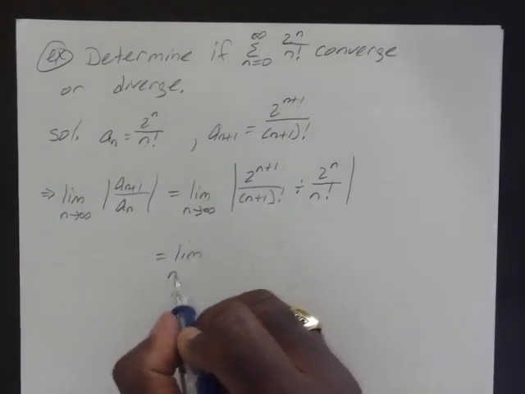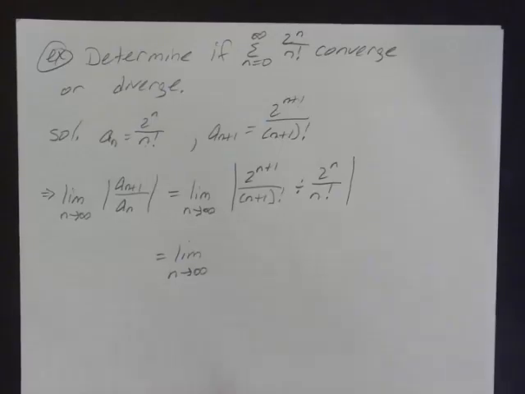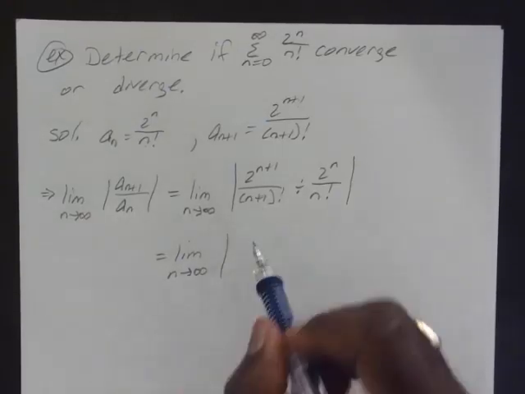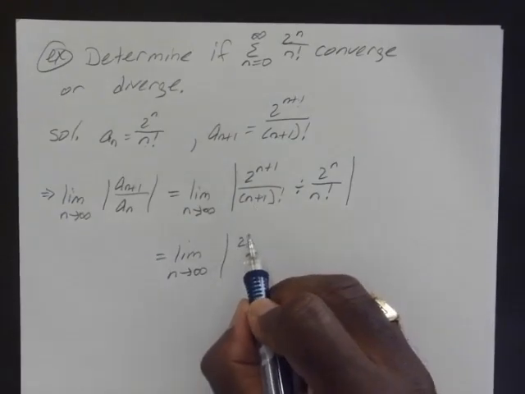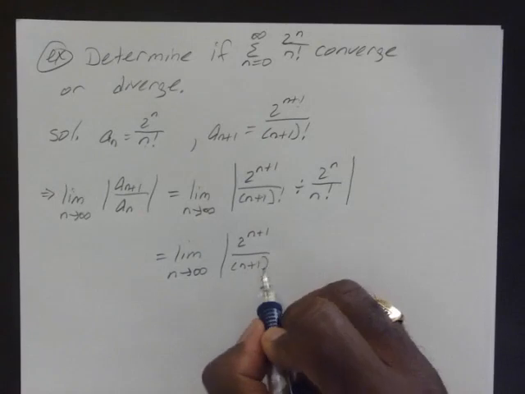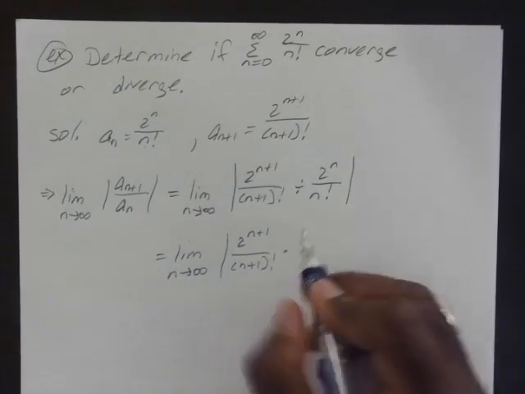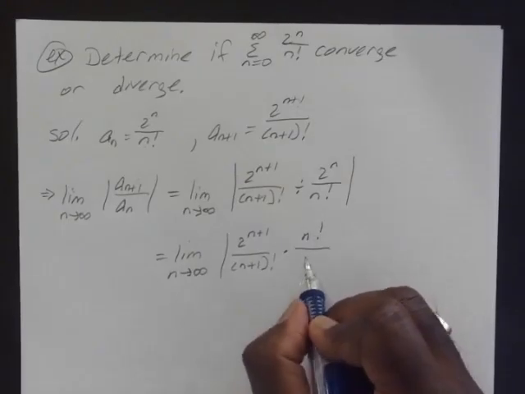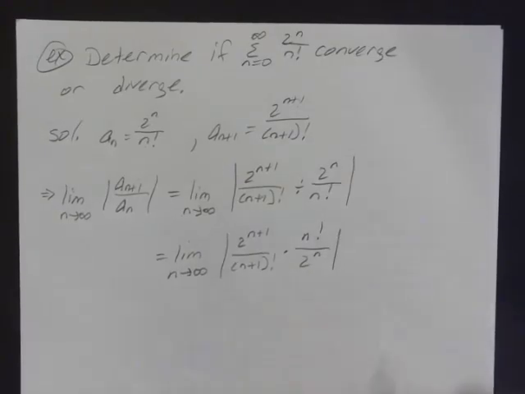So you have the limit as n approaches infinity. Using our rules for dividing fractions, we have 2 to the power of n plus 1 divided by n plus 1 factorial times, we flip the second one, so we have n factorial divided by 2 to the power of n.